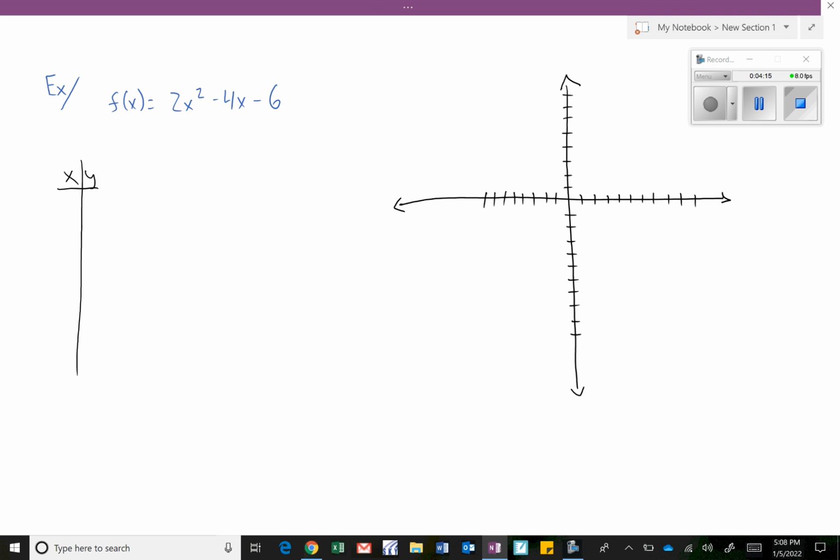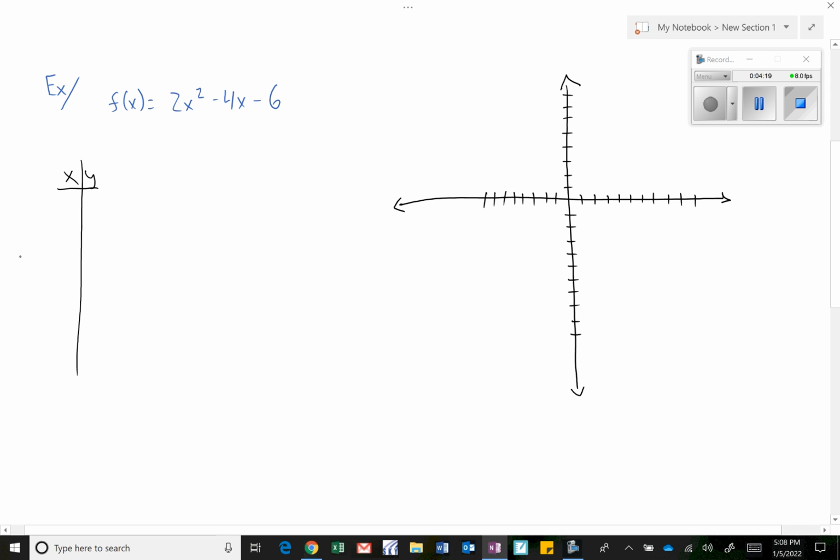And like I said, for this middle value, the middle value is going to be negative b over 2a. Remember, b is negative 4. So negative b over 2a. Well, b is negative 4, so the opposite of b would actually be positive 4, because we have two negatives there.